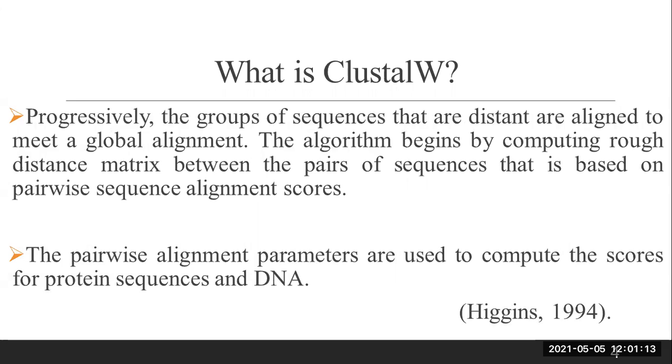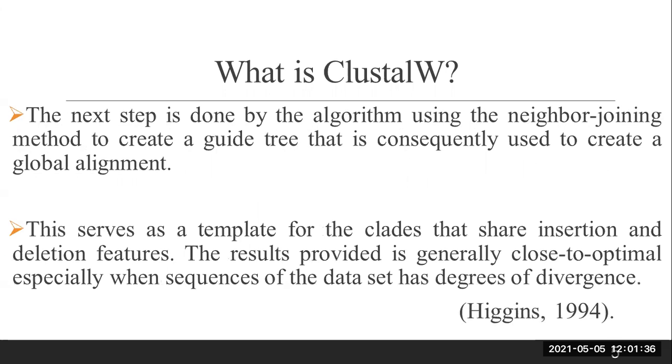Other alignment algorithms used include the pairwise alignment algorithm, which generates scores according to the number of mismatches or matches between the alignment. The matches will get positive values, whereas the mismatches will be given negative values. And this will be explained in more detail later on.